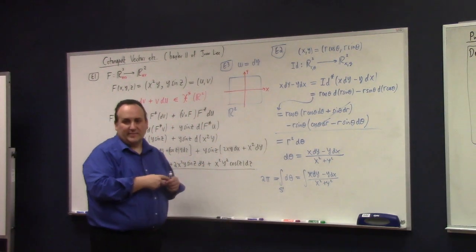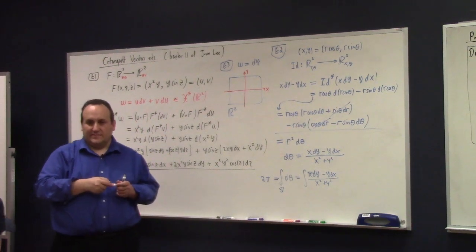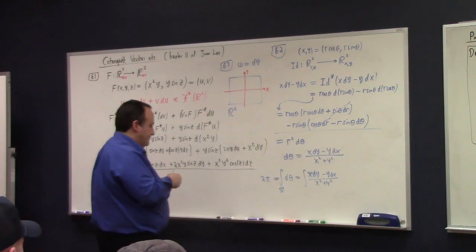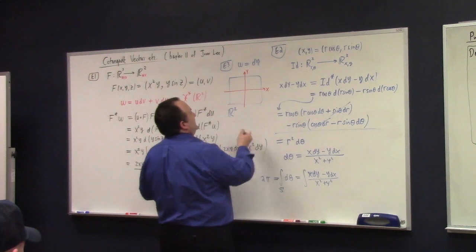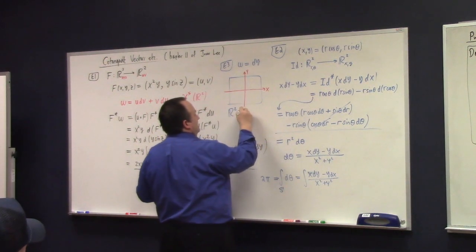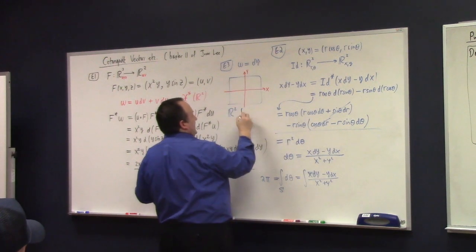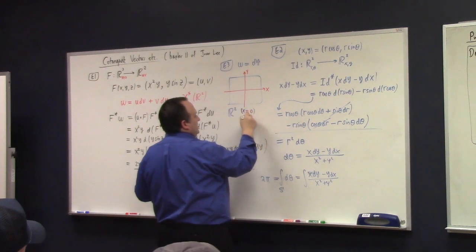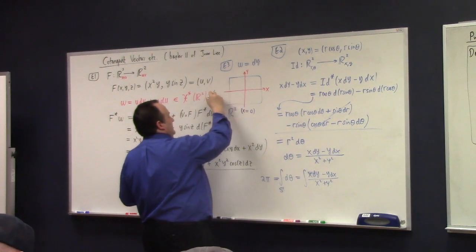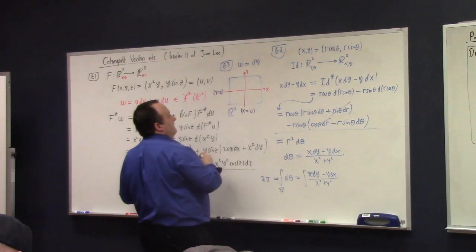Those are one-dimensional submanifolds of R2. The equation of the y-axis is x equals 0, and the equation of the x-axis is y equals 0.